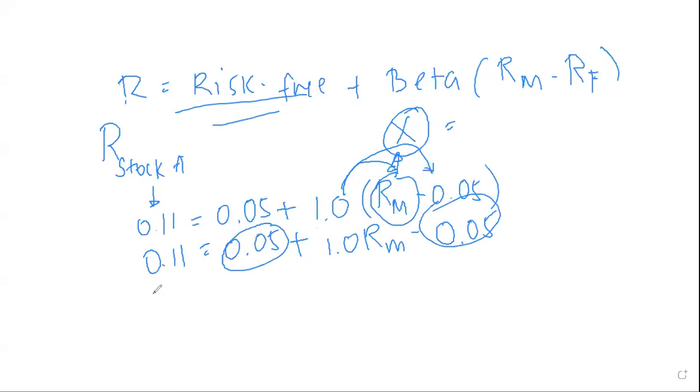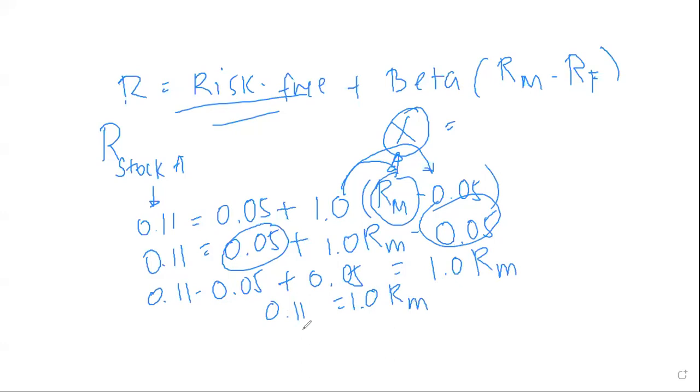It becomes negative here and positive here, equal to 1.0 RM. Then how much is it? 0.11. To get this, divide. Is this right? Is it right what I have given? Point 11.